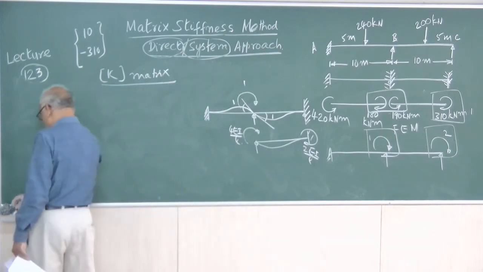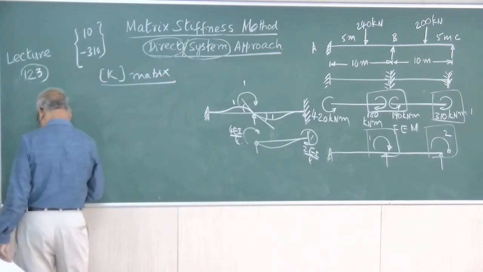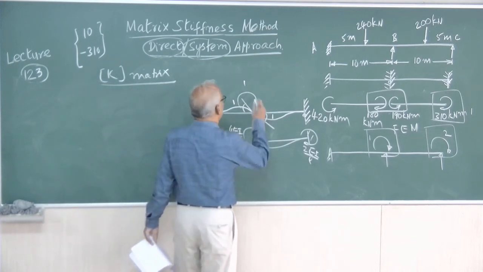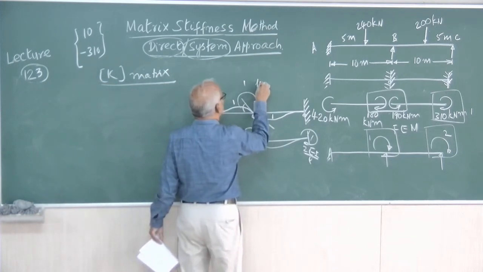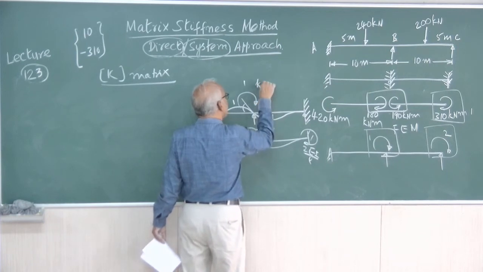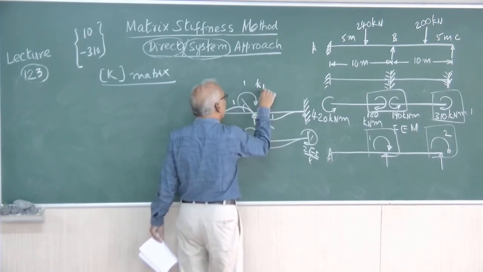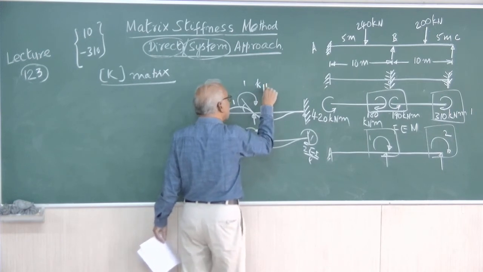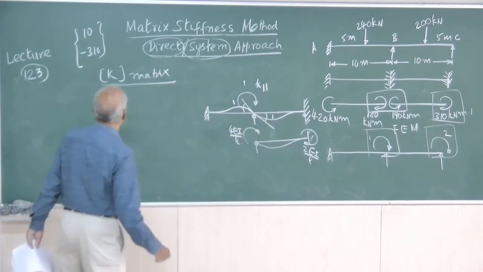Now, when there is a displacement of unity here, we have to find out the value of K11. K11 is the force developed along coordinate 1, due to unit displacement along coordinate 1.